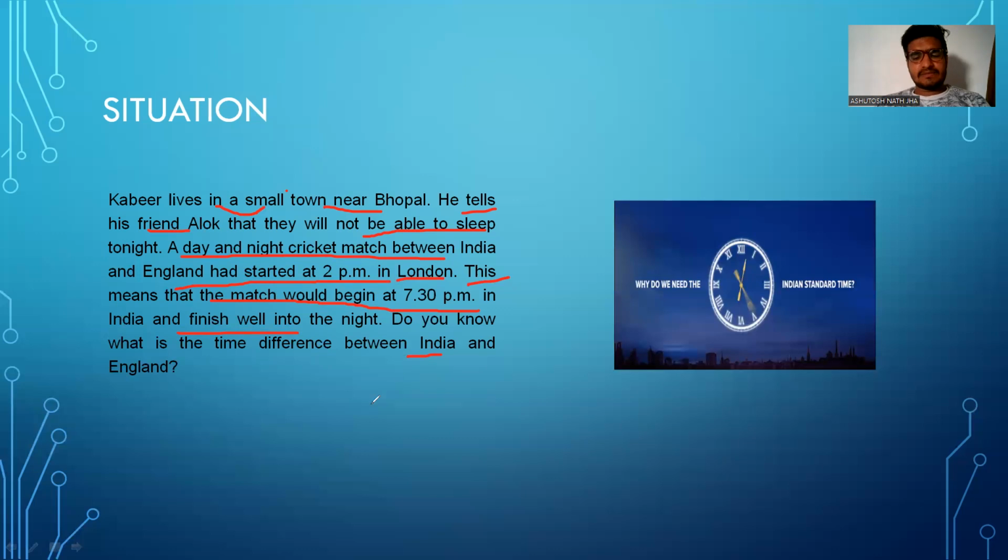Basically, India is 4 hours and 30 minutes ahead of England, the UK. So our time is 4 hours and 30 minutes ahead, okay.